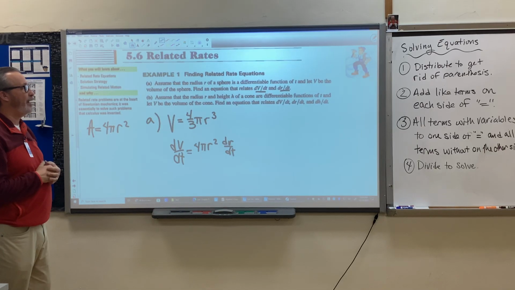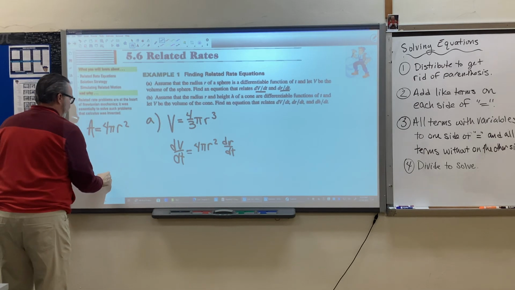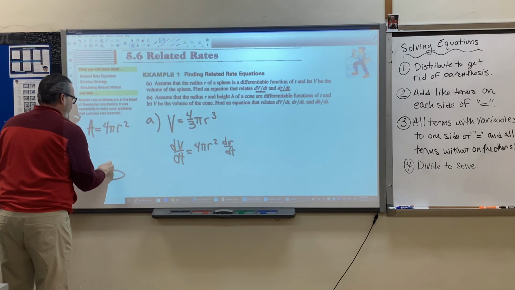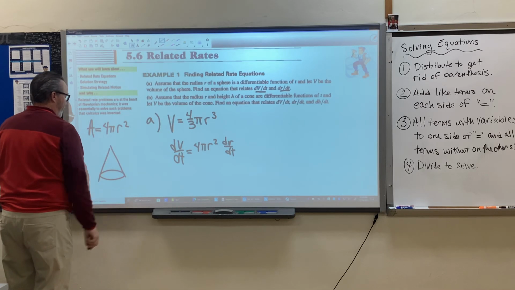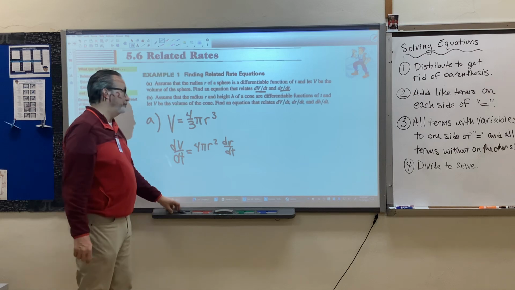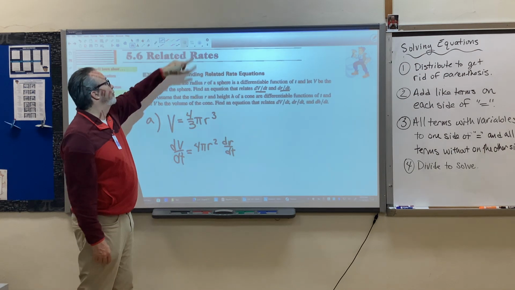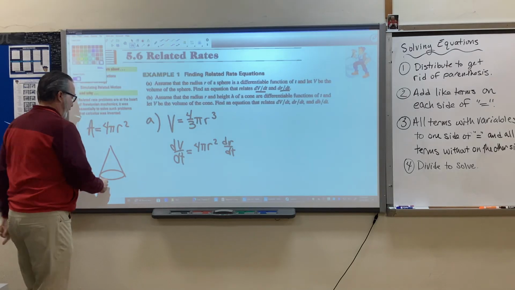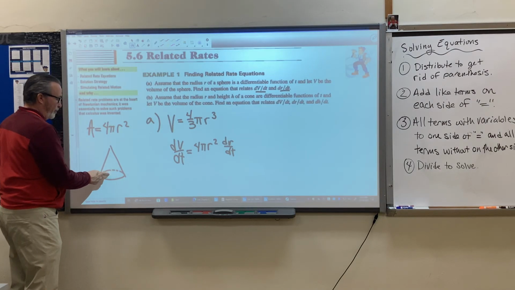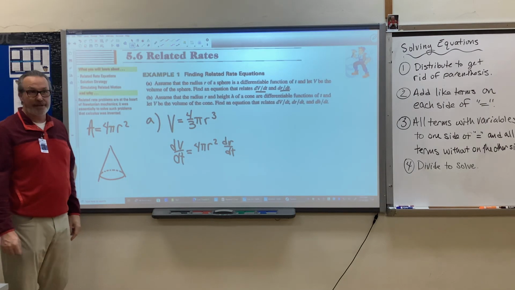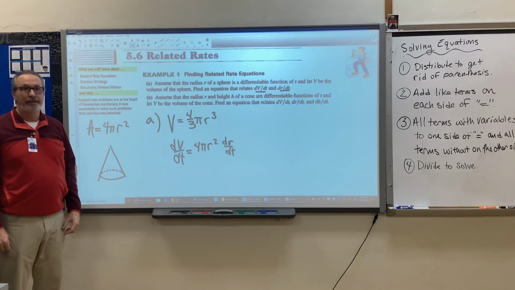Assume the radius and height of a cone are differentiable functions of time. Okay, so we've got a cone, might be a pile of sand or something like that, right?